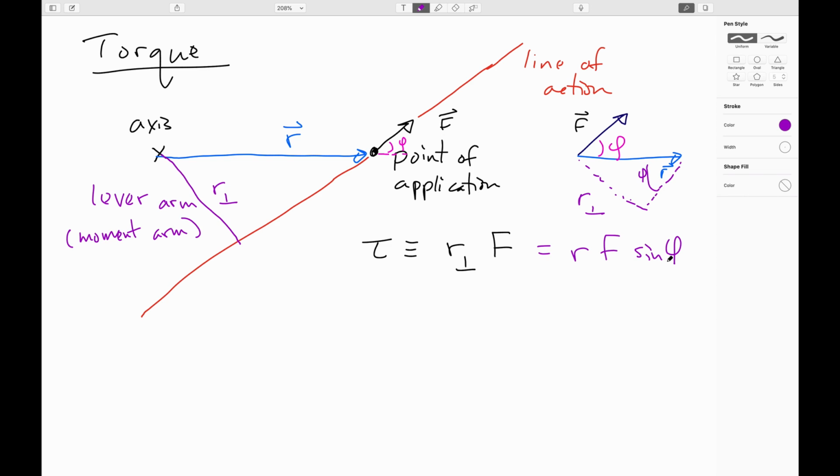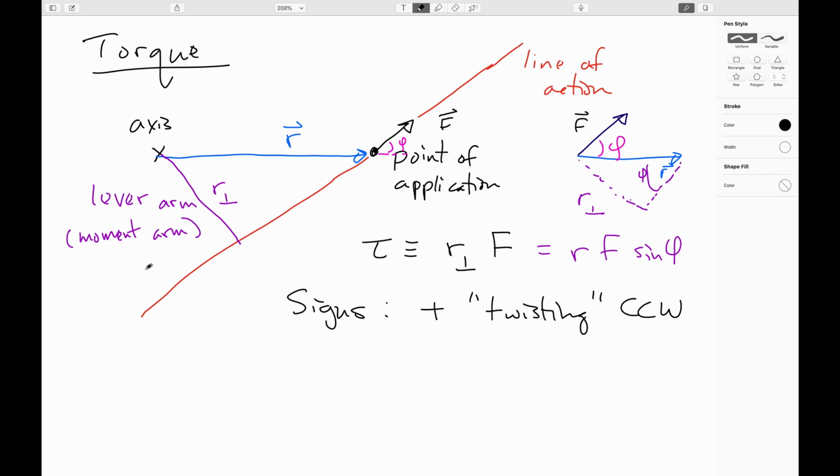All right, now let's take care of signs here. A torque will be assigned a positive value if it's attempting to twist something counterclockwise.